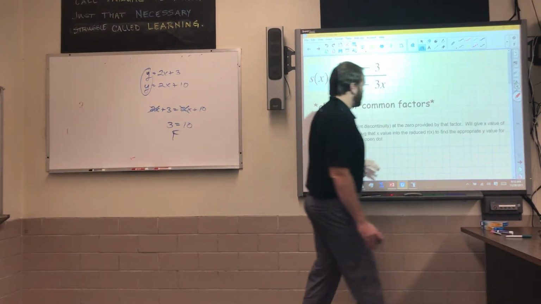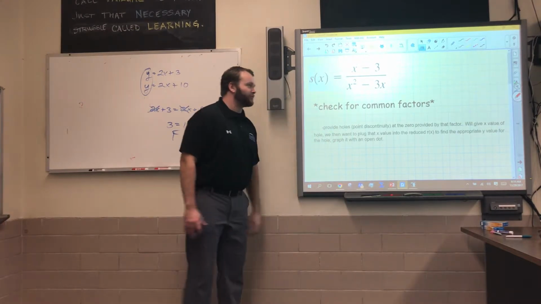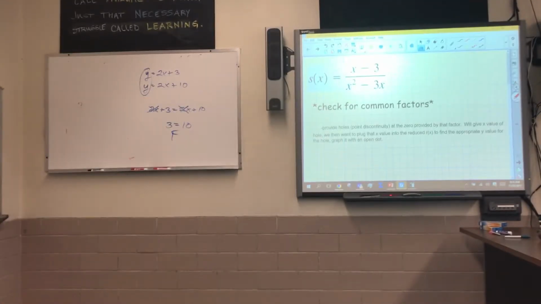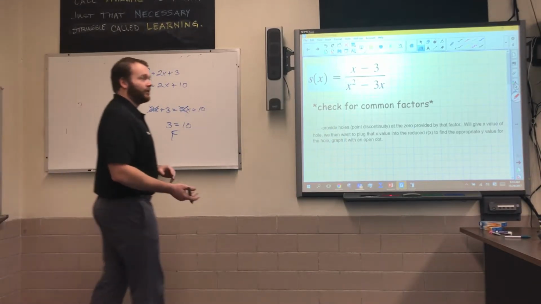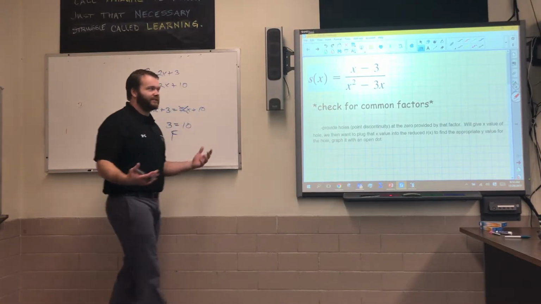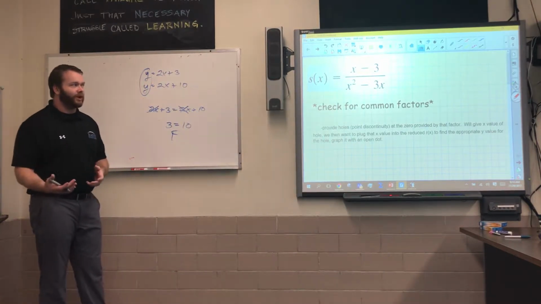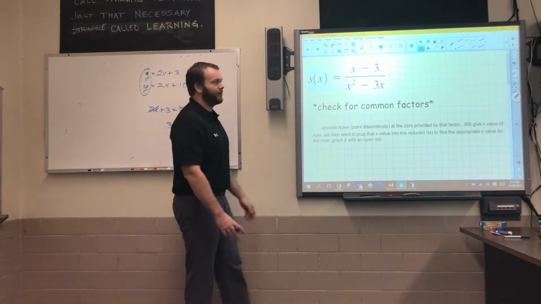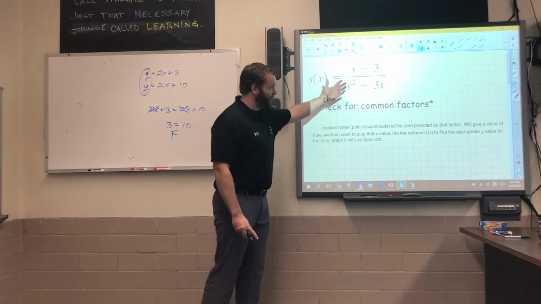So once we do that, once we find those common factors, we're then left with a reduced function. We're going to do everything that we've done: vertical asymptotes, horizontal asymptotes, crossing horizontal asymptotes, x-intercepts and y-intercepts, using the reduced version. Okay, just makes things a lot easier algebraically, and we get the same results if we would have used the original function. Okay, so first thing we want to do is factor this thing.